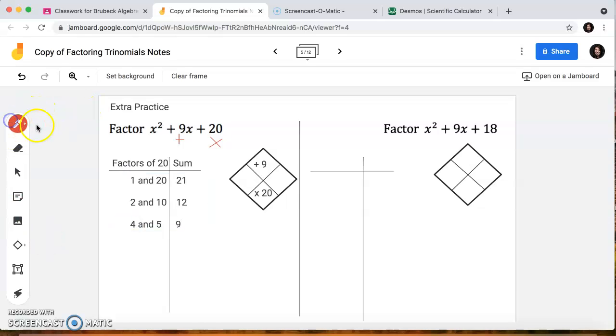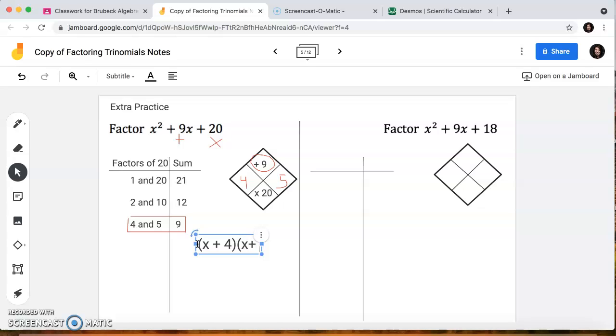So we want to find a number that adds to get 9, and that's going to be 4 and 5. So 4 goes here, and 5 goes here. So when you're finding that answer, they're both positive. So your answer would be x plus 4 and x plus 5.